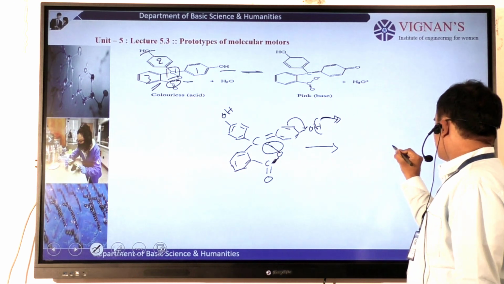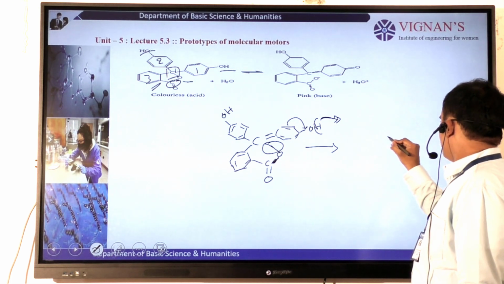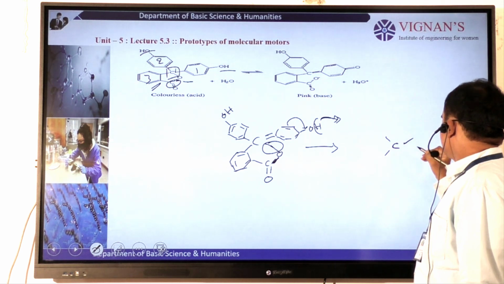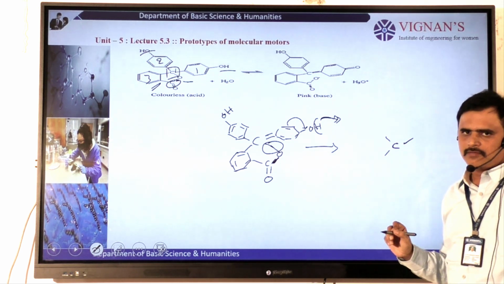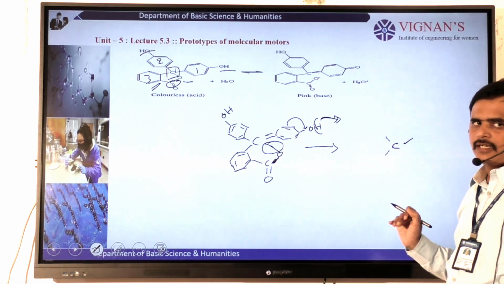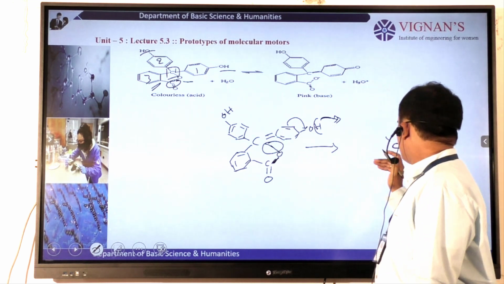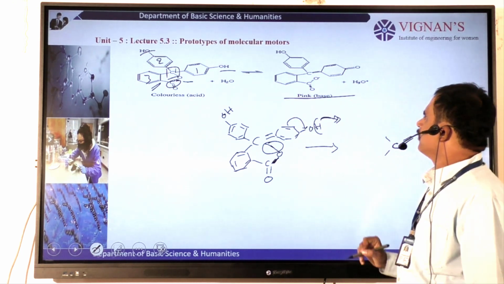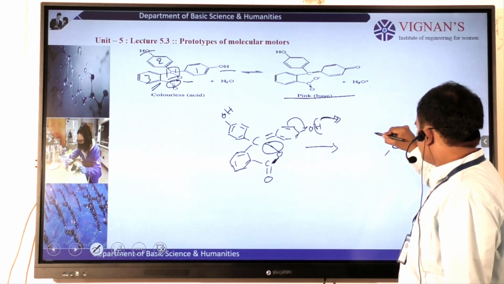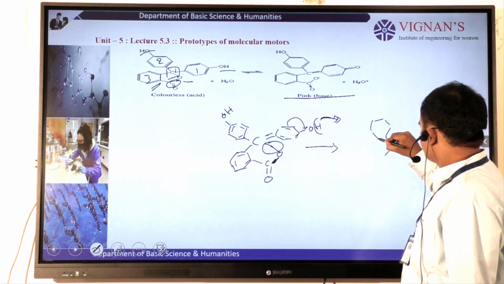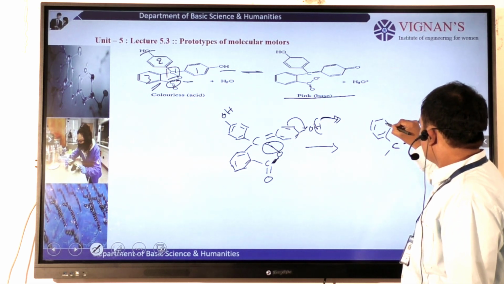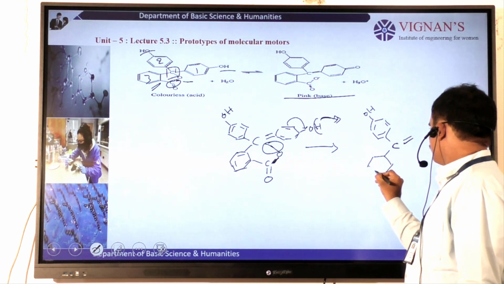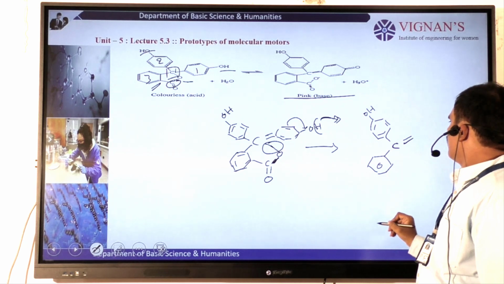Again I draw the center C, and I have to give 4 bonds, but here I give 2 single bonds and 1 double bond to draw this structure. Now the benzene rings don't change here, and here also the benzene ring doesn't change, so we draw them as they are.